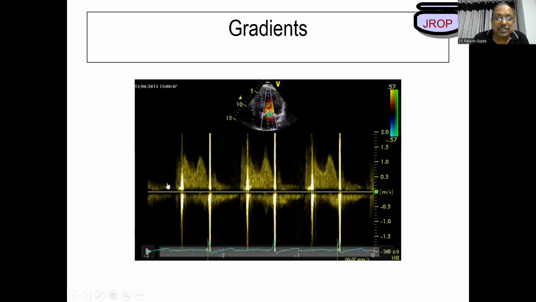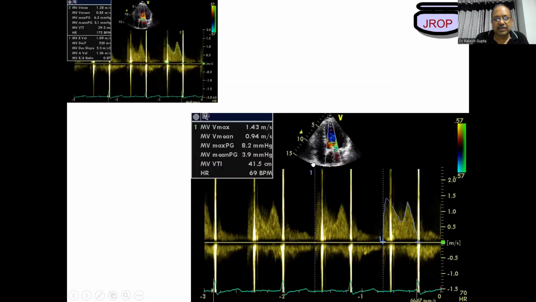But in this patient, a very interesting phenomenon is happening. The opening click is there, but before that, the flow of blood has started. This is not abnormal, it is fairly normal. If the blood flow happens before the opening click, it means the valve is functioning perfectly.